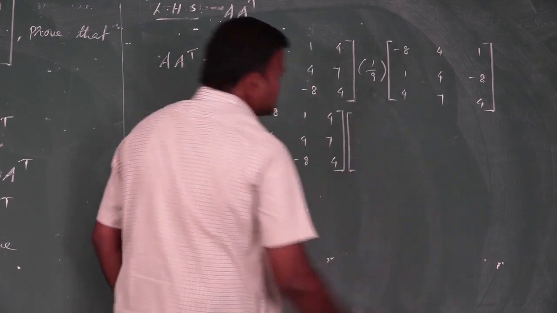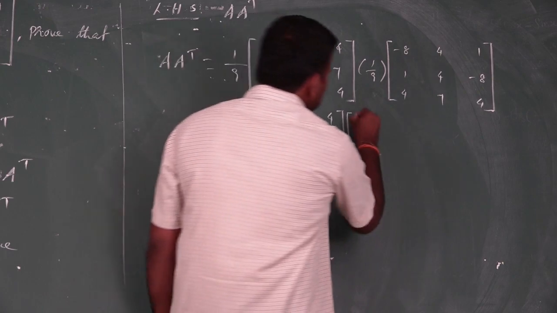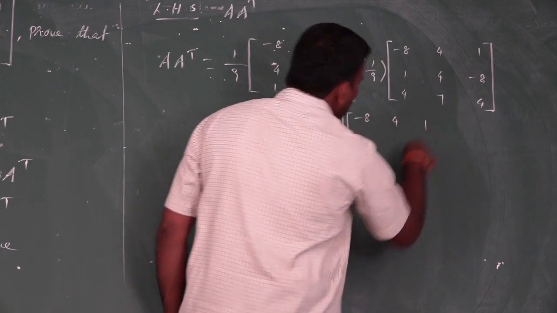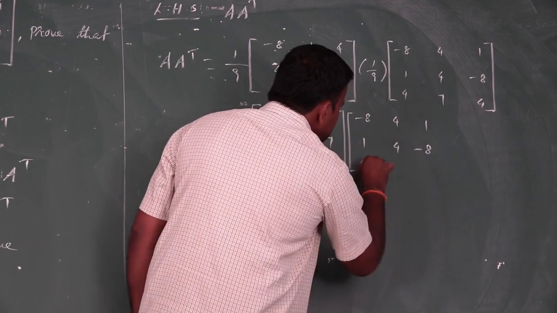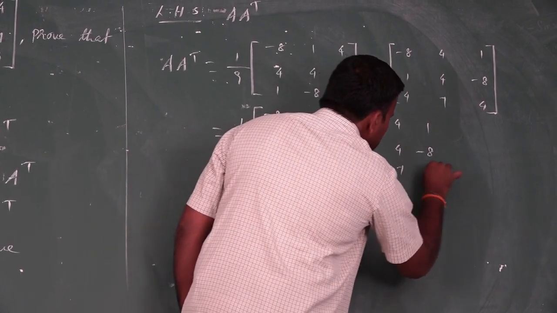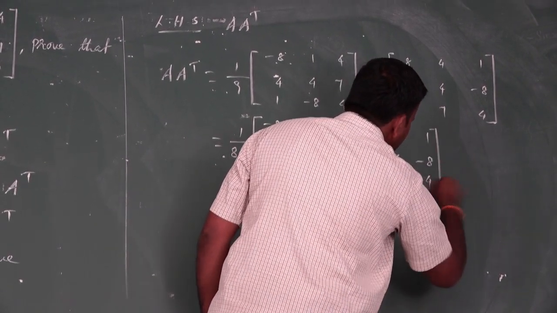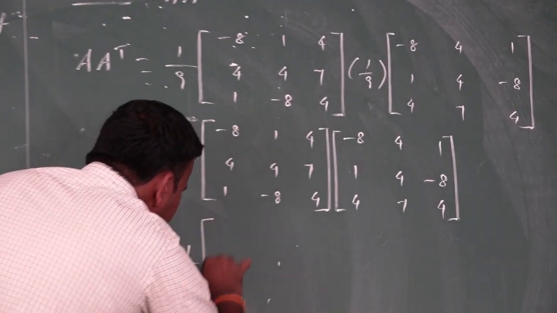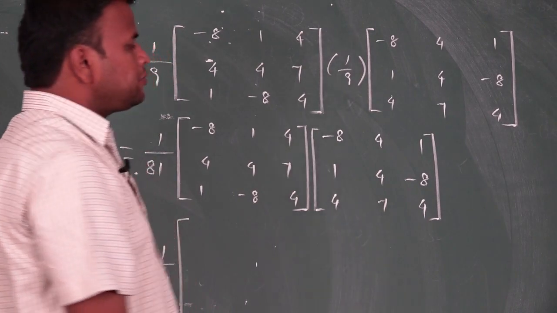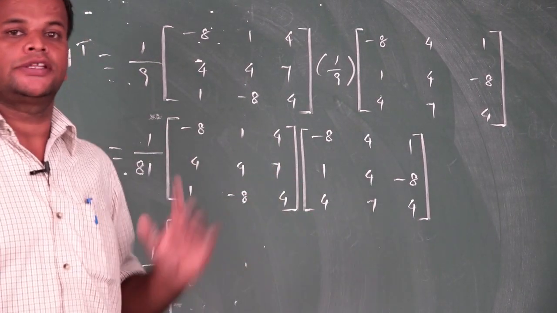And the next matrix, A transpose, has the values minus 8, 4, 1, 1, 4, minus 8, 4, 7, 4. So 1 by 81, now we multiply the 3 by 3 matrices.